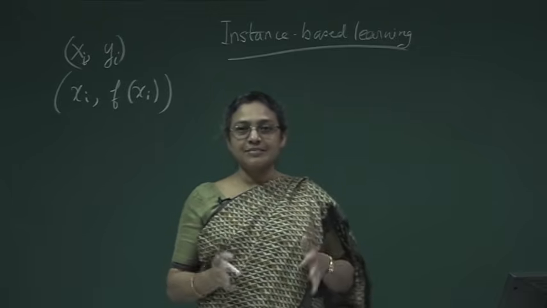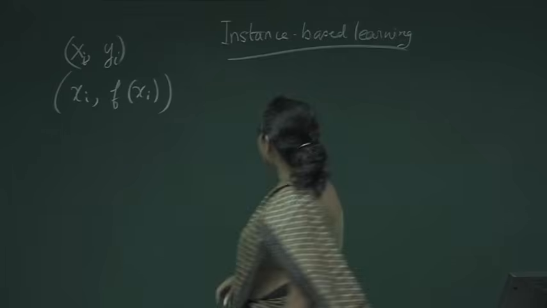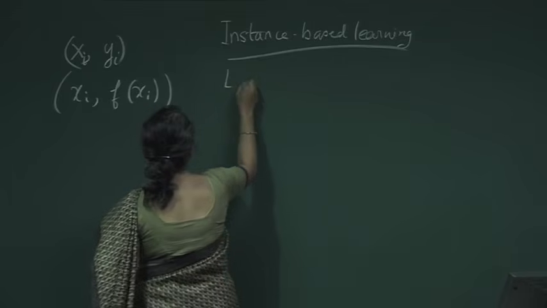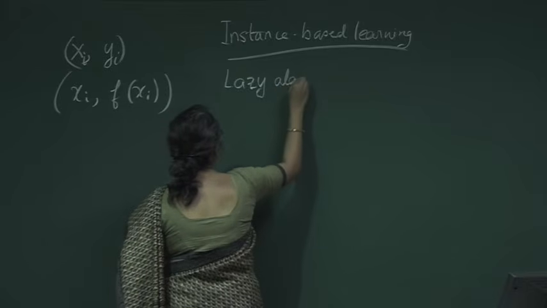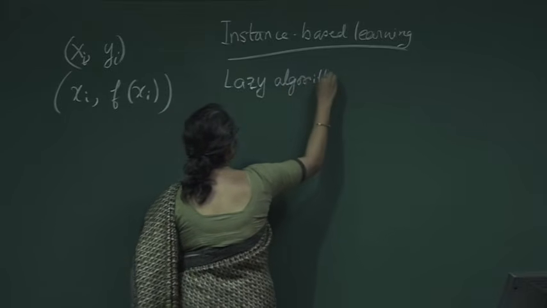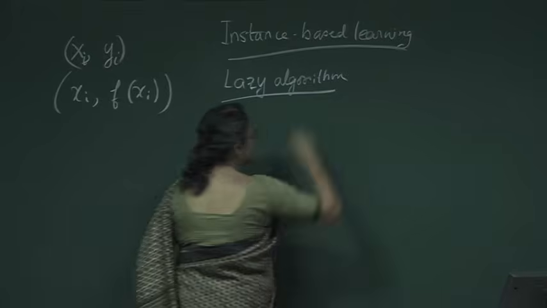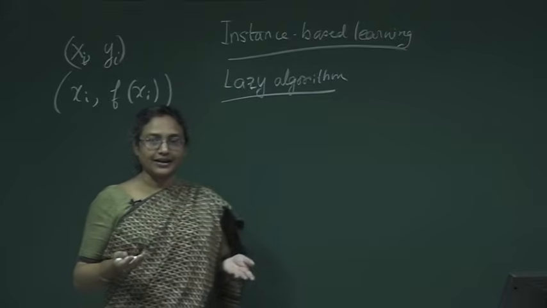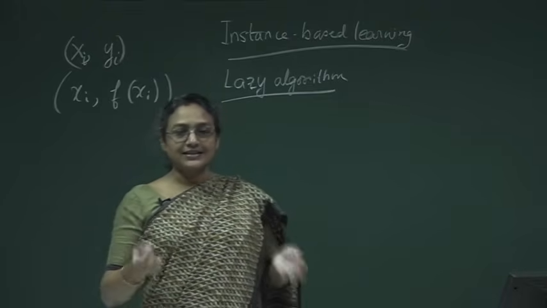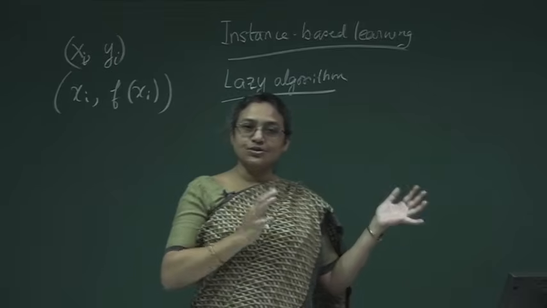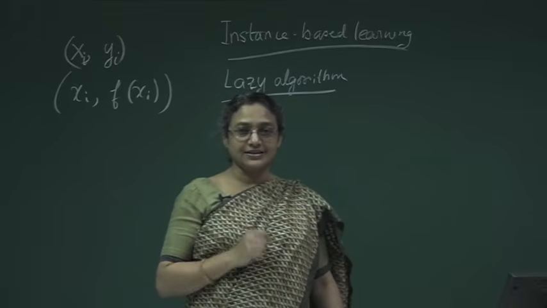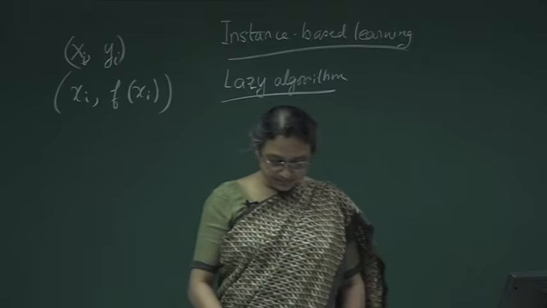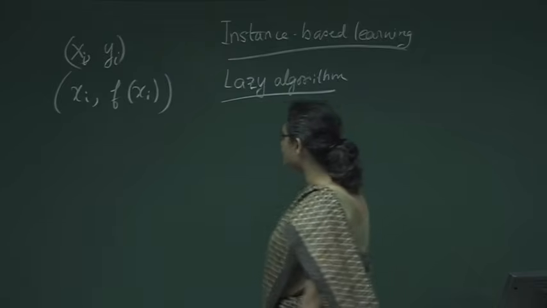So, we do not immediately learn a model. That is why the algorithm that we will discuss is also called a lazy algorithm. That is, the algorithm does not come up with a model a priori. Rather, when it gets the test instance, it uses the stored instances in memory in order to find the possible y. So, how does it do it?